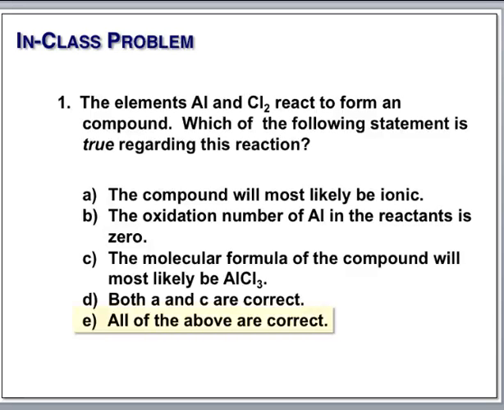Now, when you say elements, do you mean like gas? No, aluminum's an element, it's a metal. Aren't they all elements? Those are. Aluminum and chlorine. Chlorine is an element too. Its oxidation number at the start of the reaction is 0. The end of the reaction is -1.